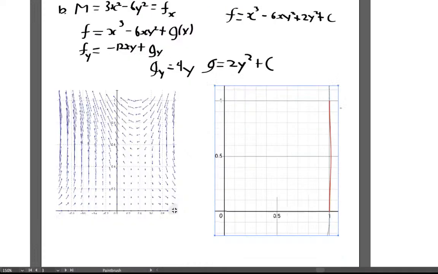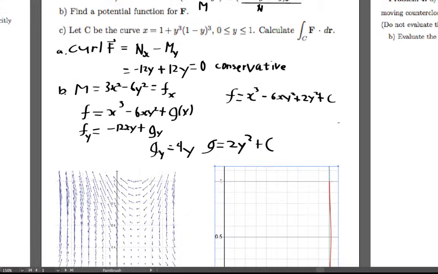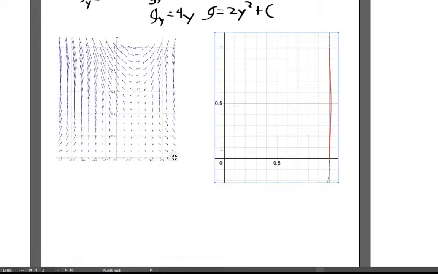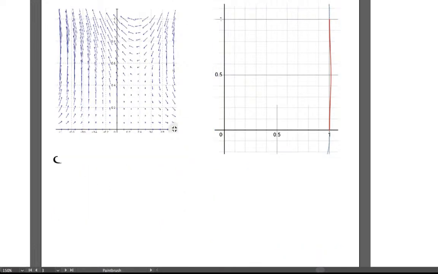Anyways, continuing on, the line that we have here, 1 minus y cubed, is the red one on the right, because we are just evaluating this when y is between 0 and 1, which looks like a straight line, but that is not something we need. The only thing we need is the final point and the initial point, because this is a conservative vector field.